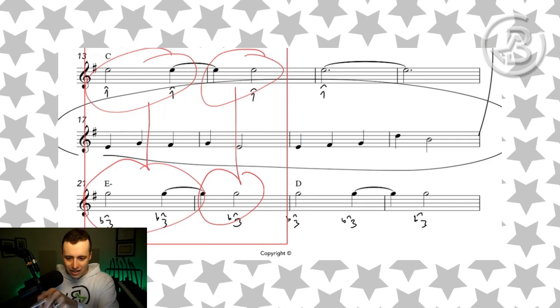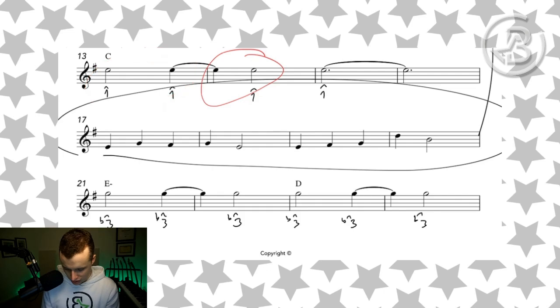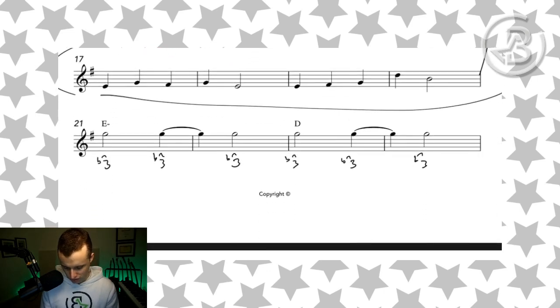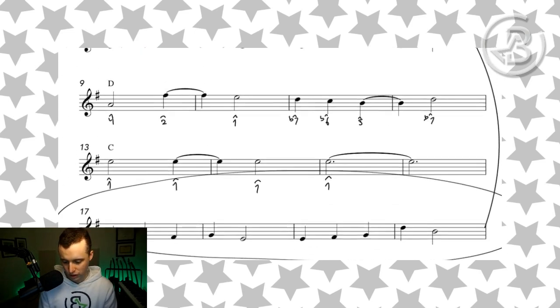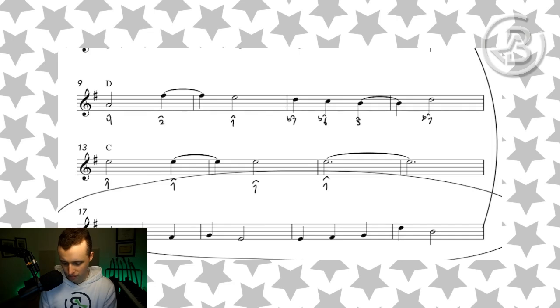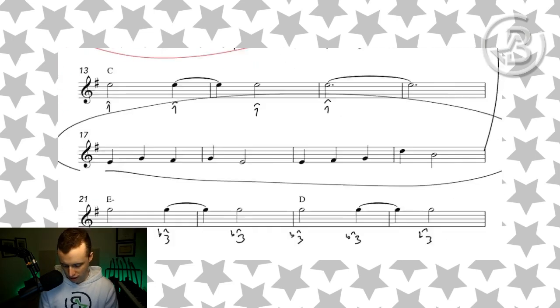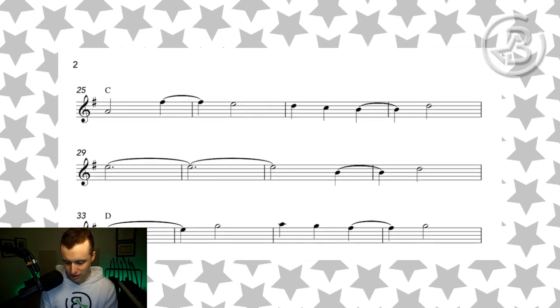But we have scale degree 1 in measure 13 and 14, and scale degree flat 3 in measures 21 and 22. So an interesting rhythmic connection there between those two. We can also see the same rhythm up here in measure 9. We're actually also going to see that same rhythm here on the next page in measure 25.